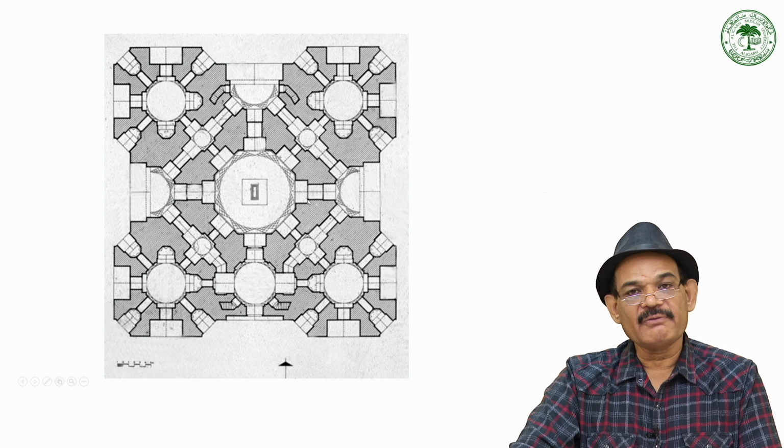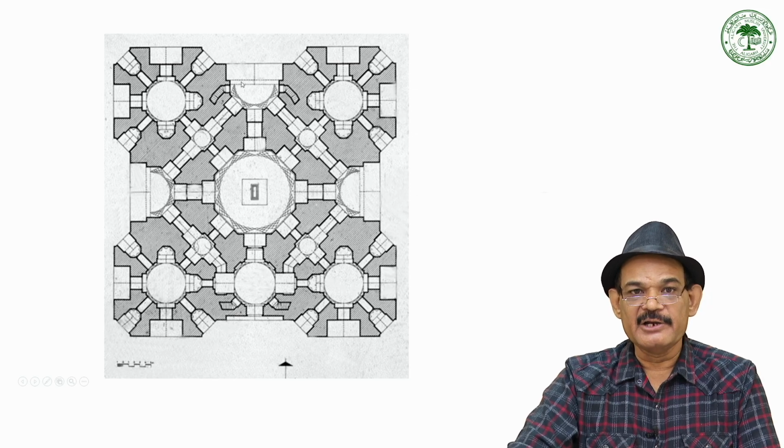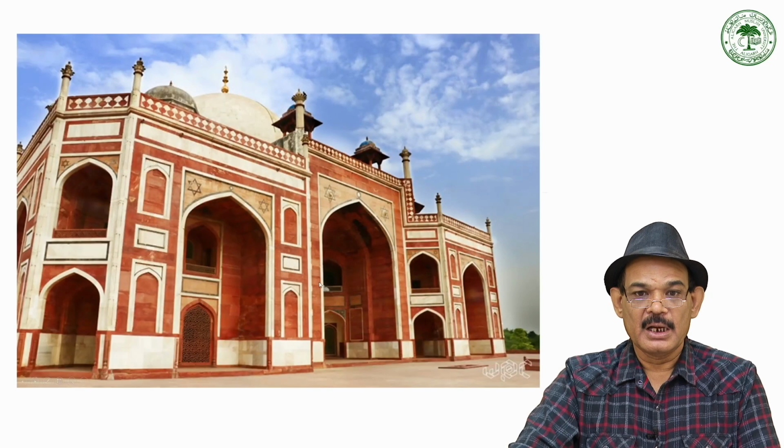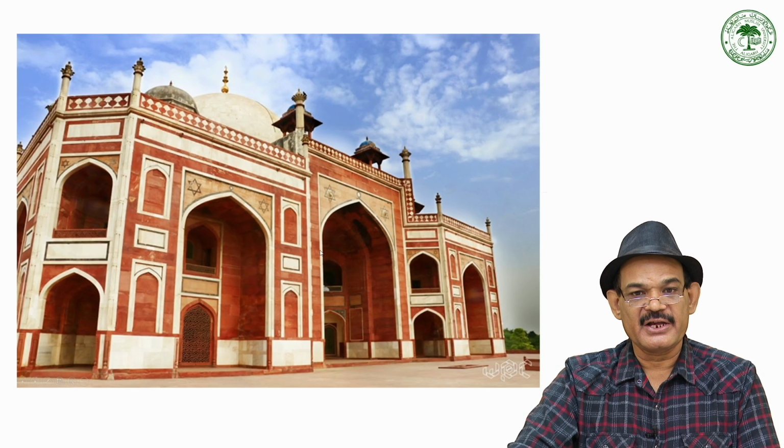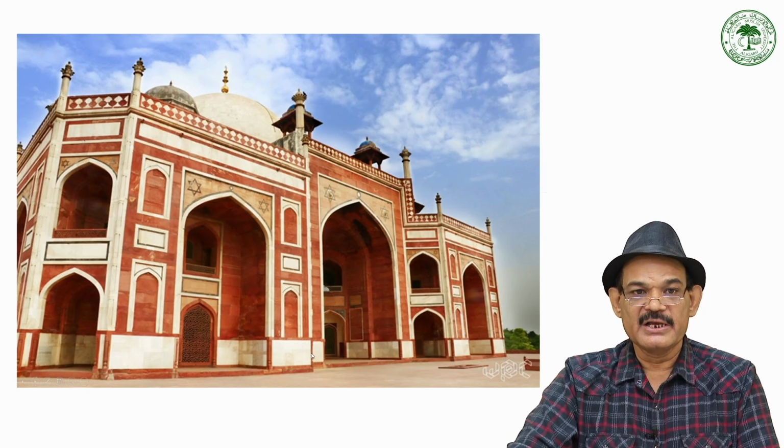And if you recall, the entrance gate which I have discussed was also built in this way. The central portion remained recessed while side wings projected outside. Now you see the central portion which is recessed provided an entrance, while side wings came outside.